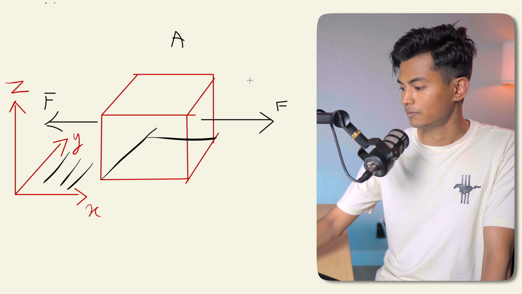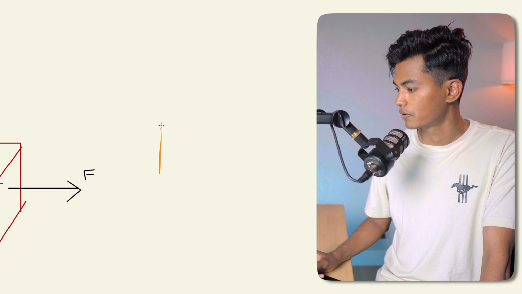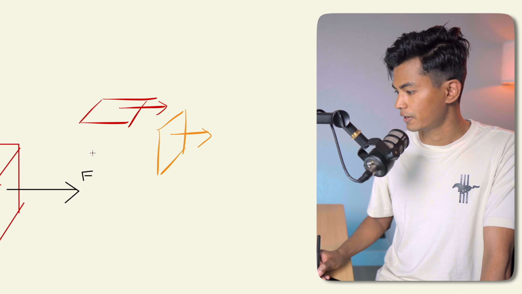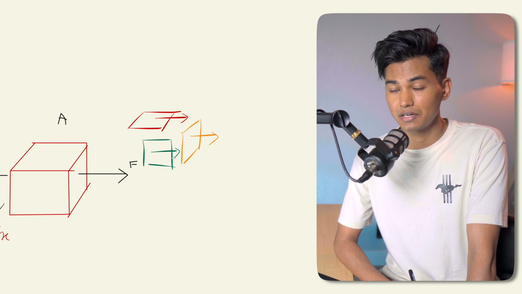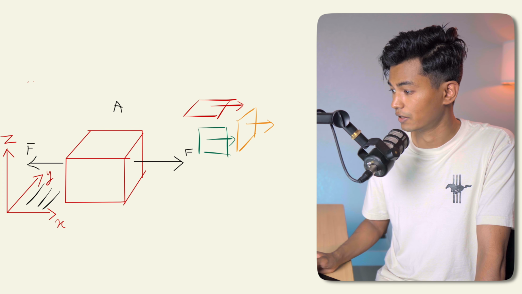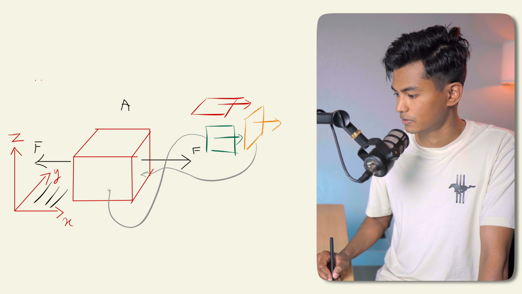So just to be clear, I'm going to make it in a separate diagram. This is one area, this is another area, this is another area. So these three areas are going to experience the same force differently. Let me show you. This is this area, this is this area, and this is this area.